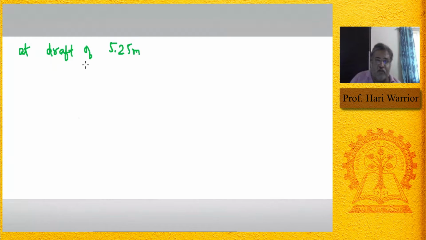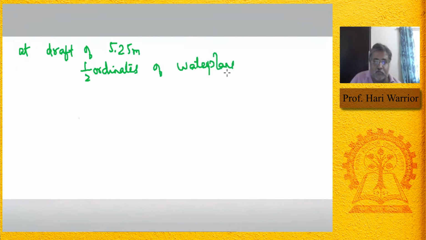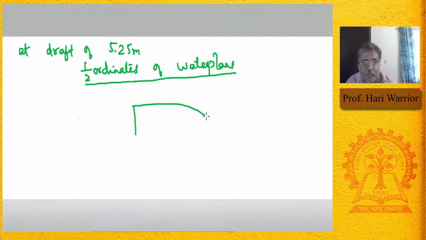Now you are given the half ordinates of water plane. Do you know what these are? I hope you are familiar by now with all these kinds of terminologies. Half ordinate of water plane is, if you take any one water plane area, this thing. This is known as the half ordinate.